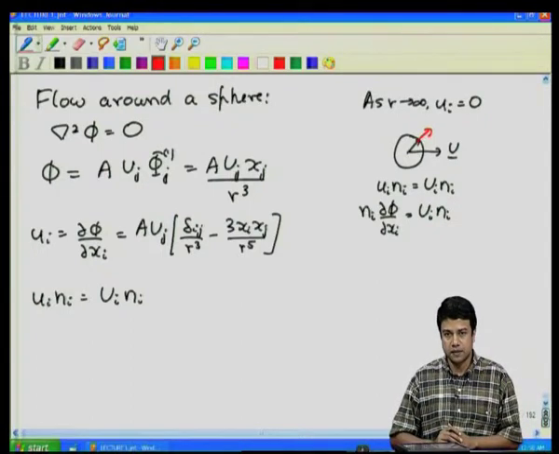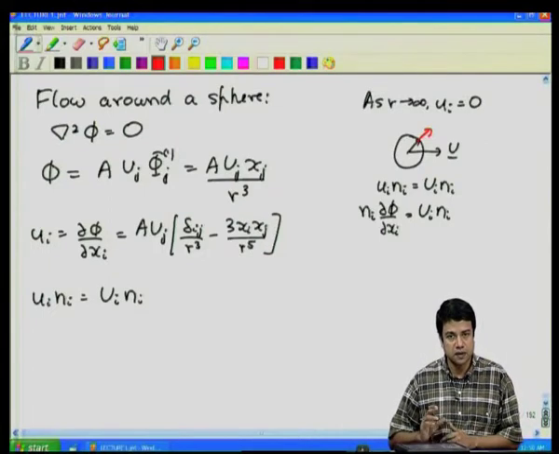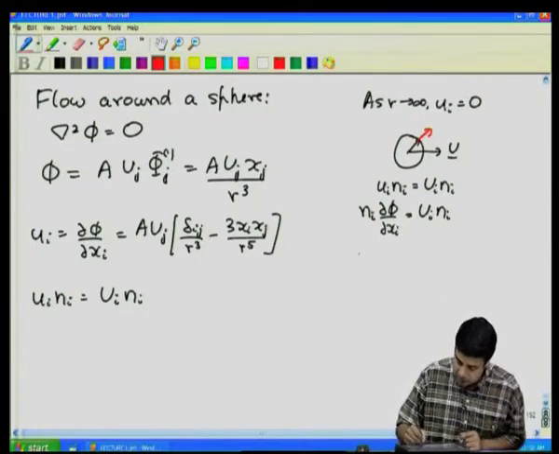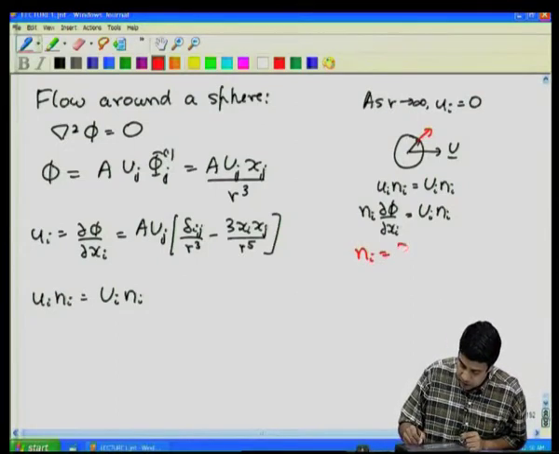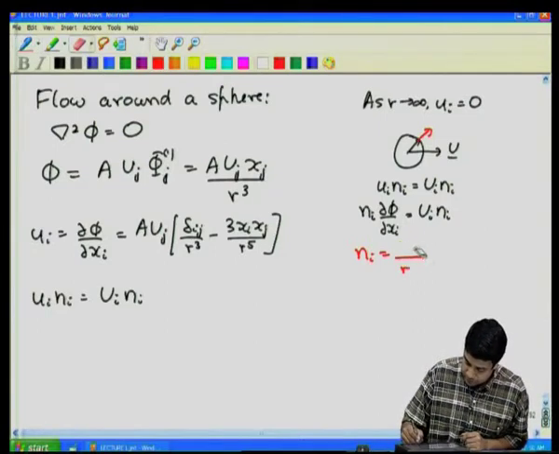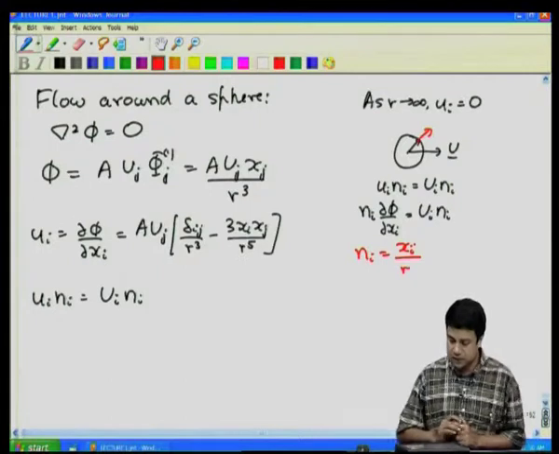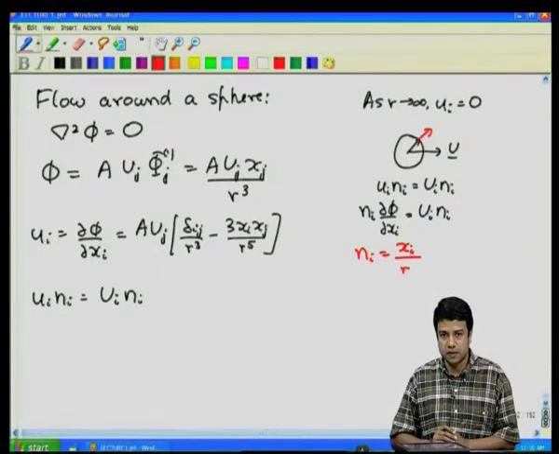Therefore, on the surface of the sphere, the unit normal is in the same direction as the position vector. That means that the unit normal is equal to the position vector divided by its magnitude. So, that is n_i.